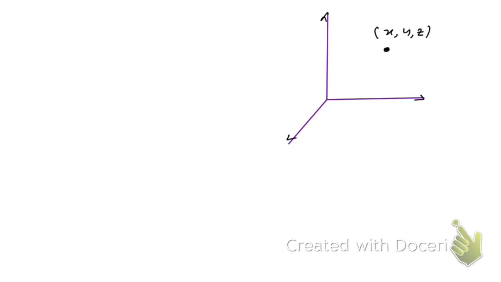What will be the velocity along the x-axis, y-axis, z-axis, and what is its acceleration. If you know the coordinates, you can determine the position vector as well. That position vector is going to be x i cap plus y j cap plus z k cap.